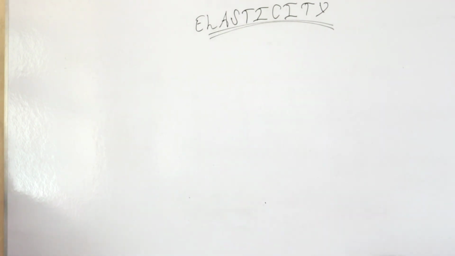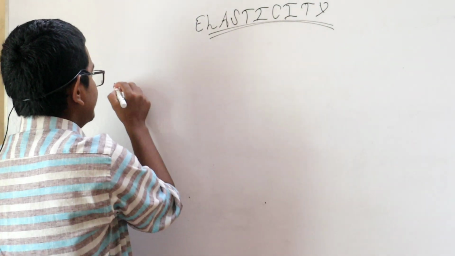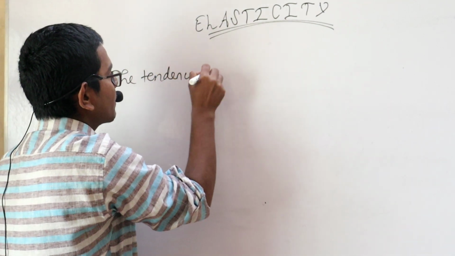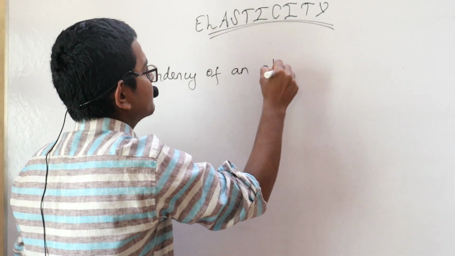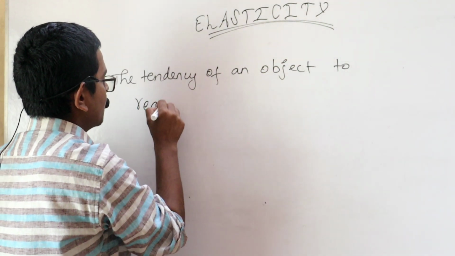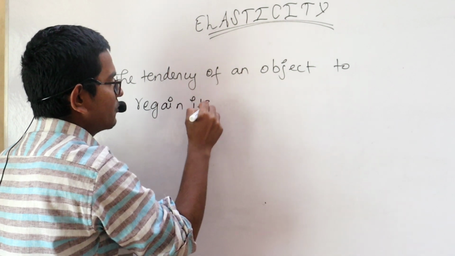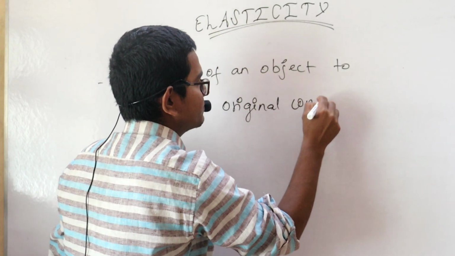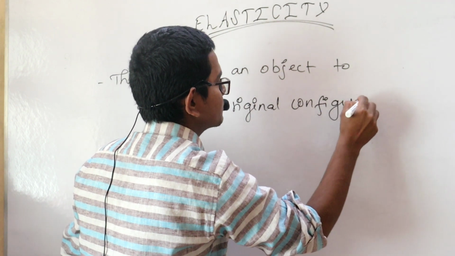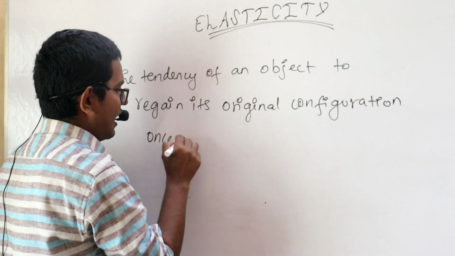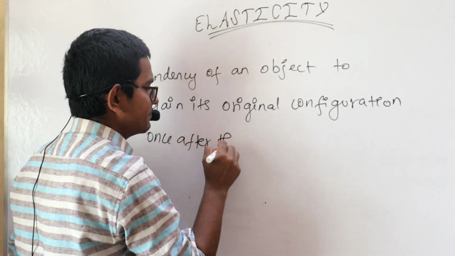I am just writing it down here. You just note it down. The tendency of an object to regain its original position or original configuration once the deforming force is removed.